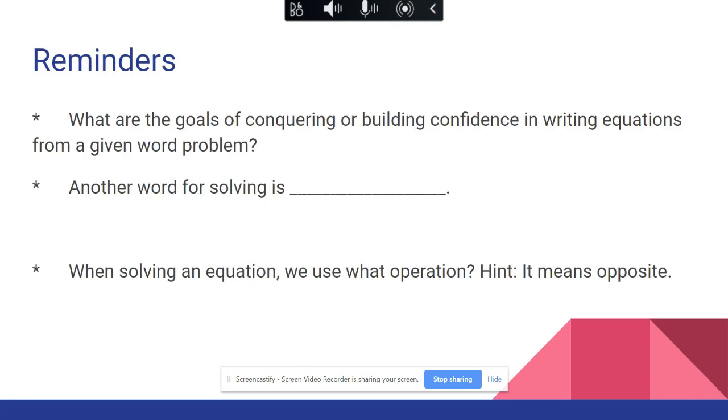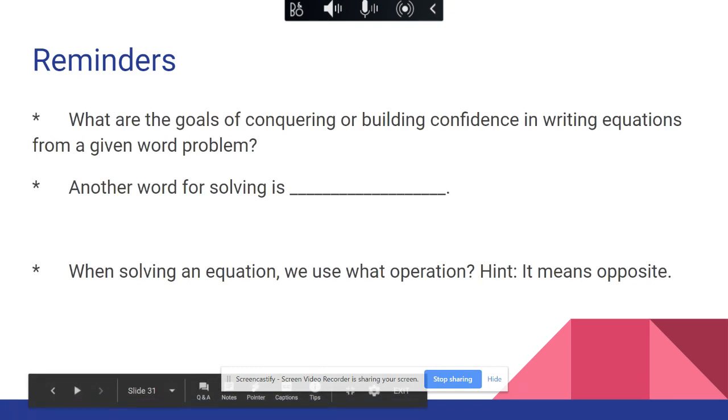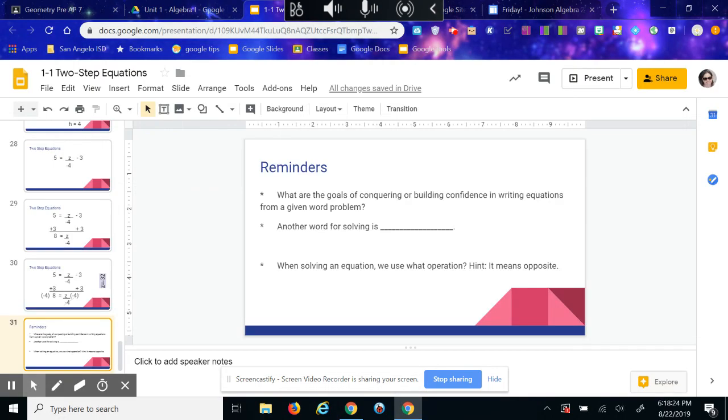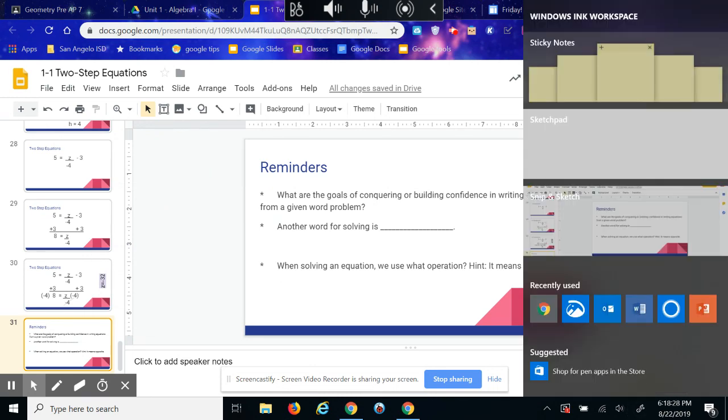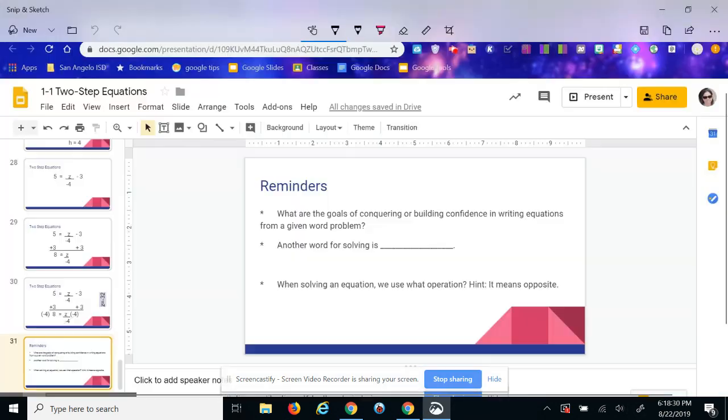All right, our reminders. What are the goals of conquering or building confidence in writing from a given word problem? We did it in all 3 of our word problems.